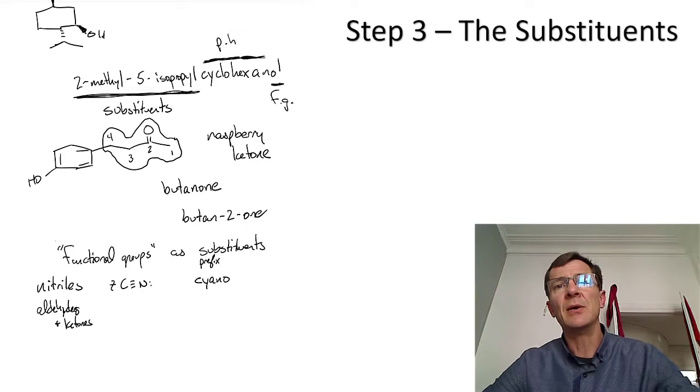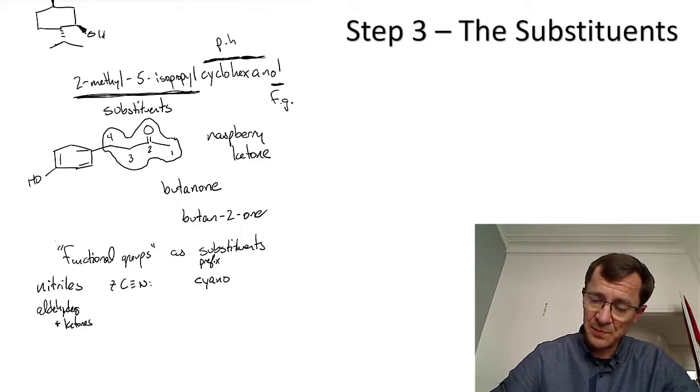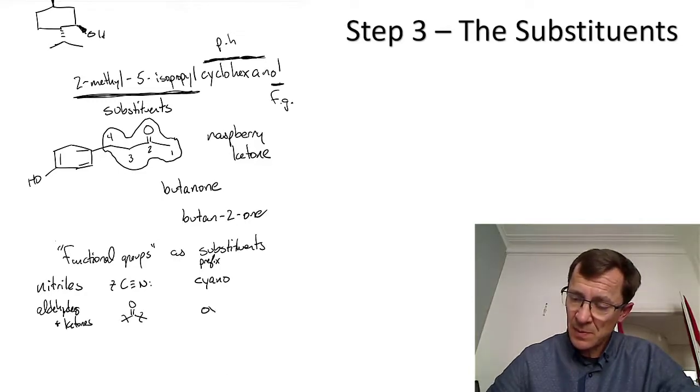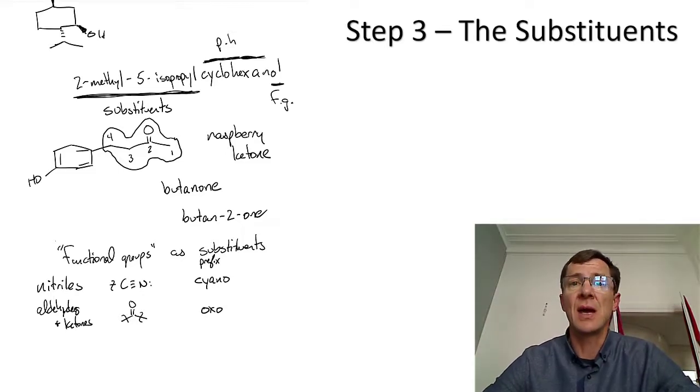What we're really doing here is not naming them as aldehydes and ketones, but we're naming them as a carbonyl, and it's called an oxo. So if you had a carboxylic acid, say hexanoic acid, but there was a carbonyl on carbon number 4, that would be 4-oxo-hexanoic acid.